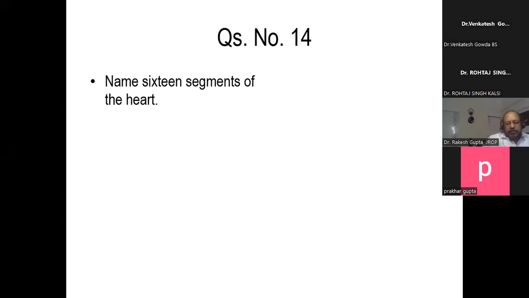Prakhar, the best way of talking about these segments is not by short axis view. The best way is talking about apical 4-chamber, 2-chamber, and 3-chamber views. So tell me the 6 segments of the apical 4-chamber view.